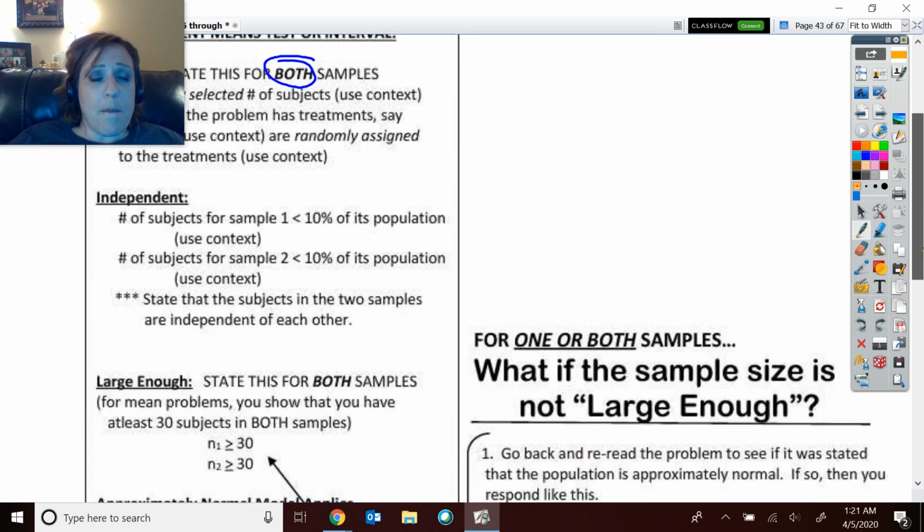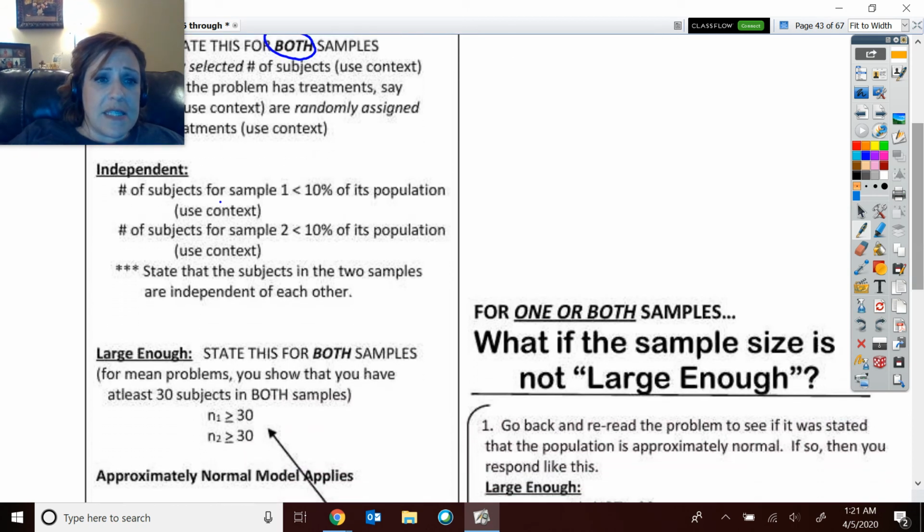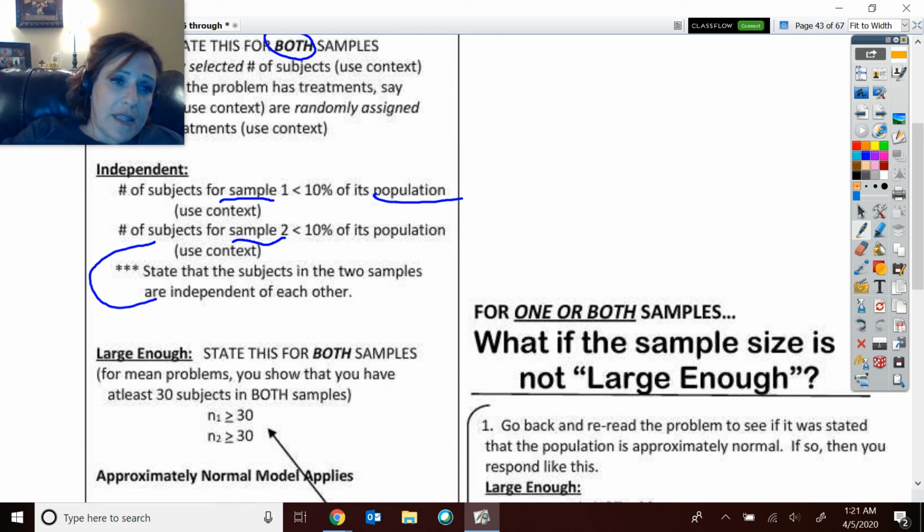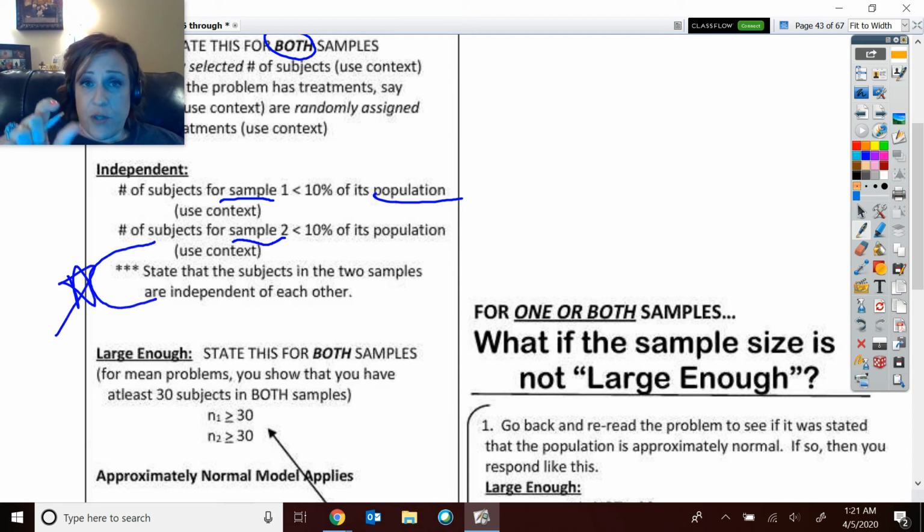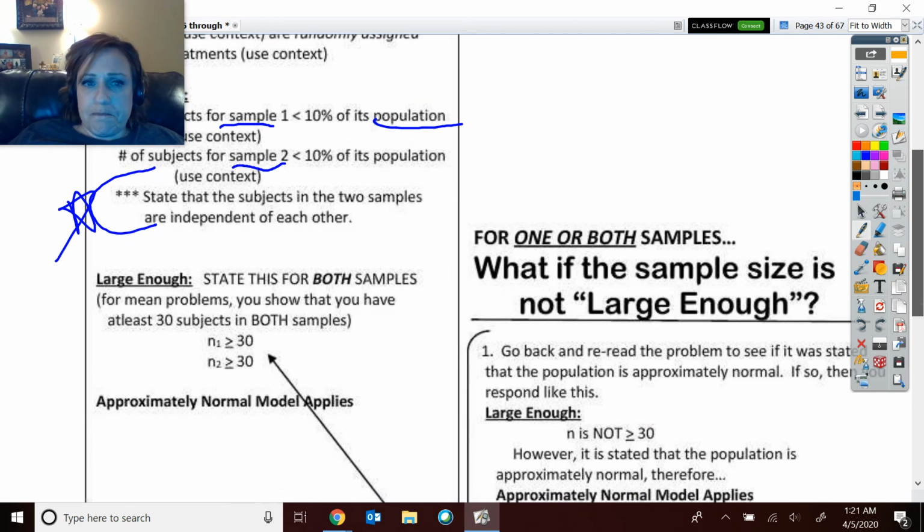Independent, you're stating that both of those, the ones in sample 1 are less than 10% of the population 1, and sample 2 subjects are less than 10% of the population 2, okay? And then here, don't forget this, that those subjects, like the ones in this sample, are independent of the ones in this sample, so there were no duplicated values.